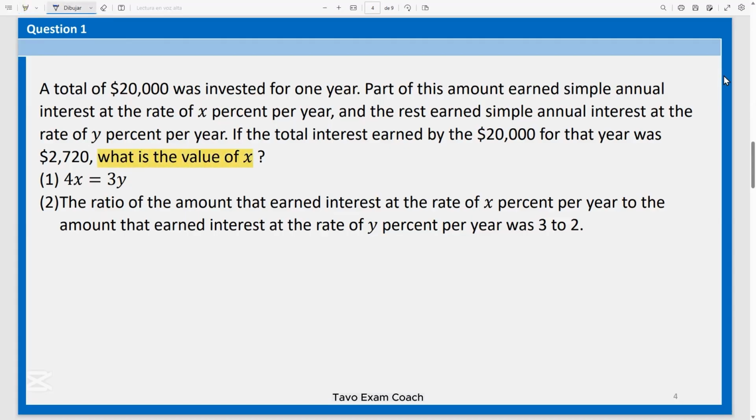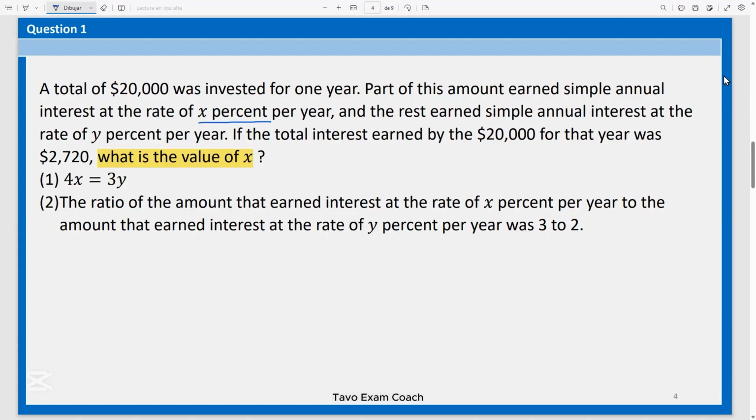Interesting. What is X according to the information prior to the question? X is a percent, an interest rate that corresponds to one operation of investment to simple interest, to which part of the original $20,000 was applied.